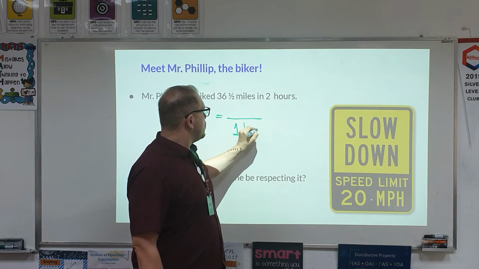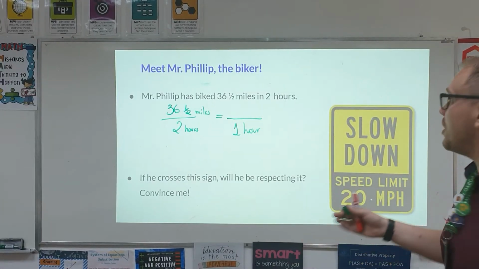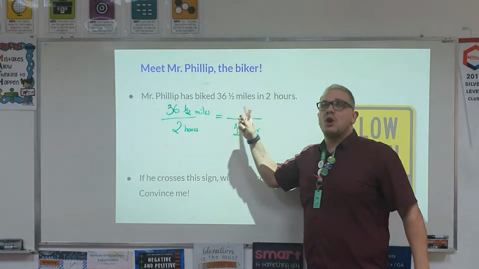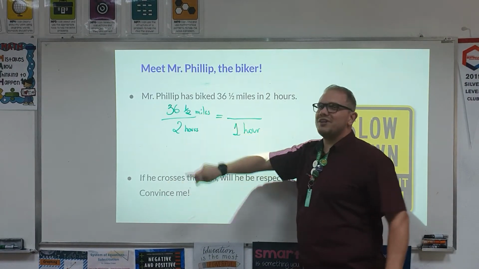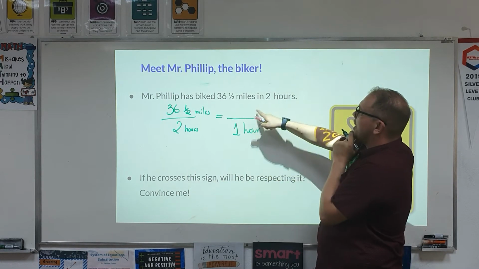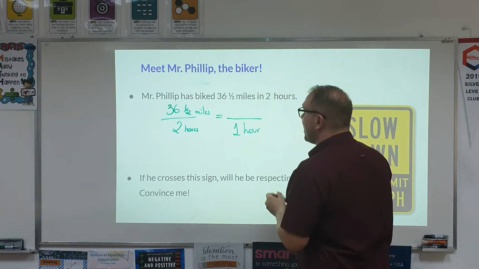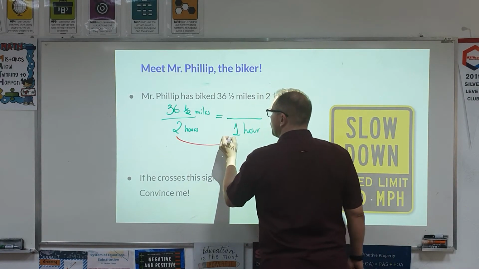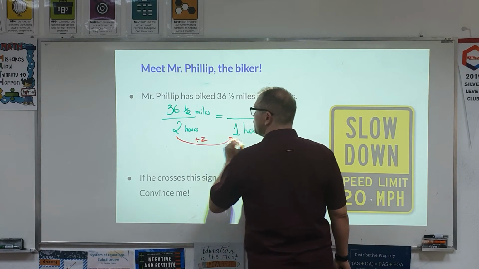If he keeps a constant speed throughout his journey, how many miles will he have biked? So 36.5 for 2 hours. How many miles in 1 hour? Well, I'm dividing by 2, right?